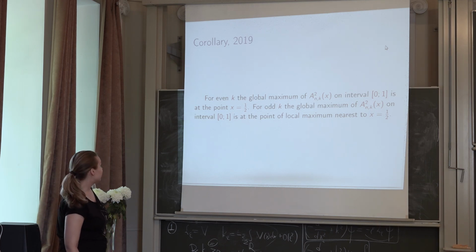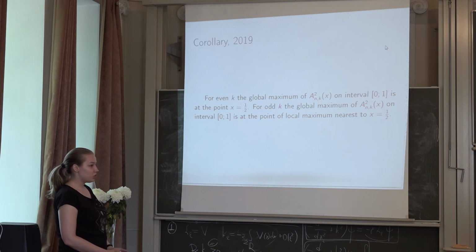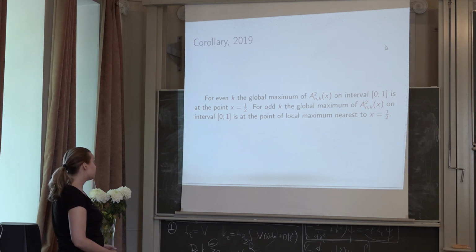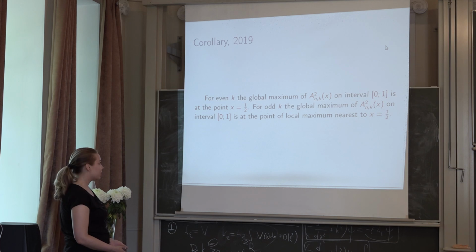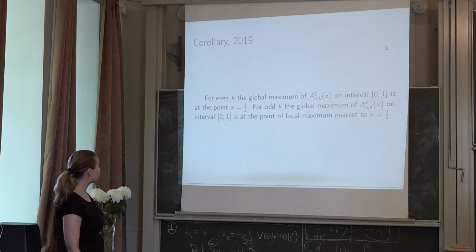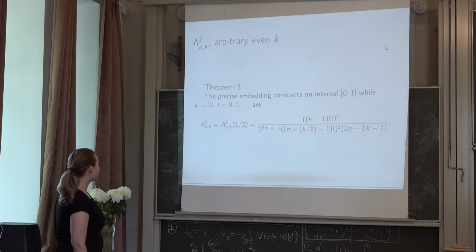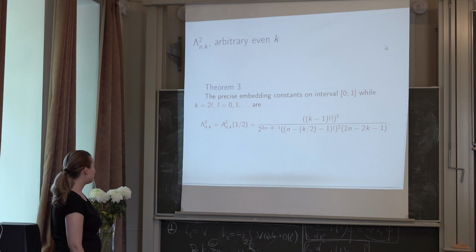Okay, now we know that when k is even, the point of global maximum is always 1/2. So we can calculate lambda_nk by induction using the formula that I mentioned before. So this is theorem 3, where k is even, lambda_nk squared is equal to this ratio.